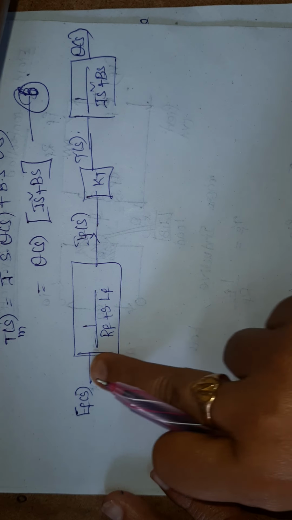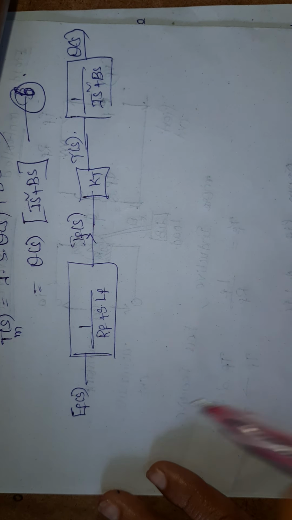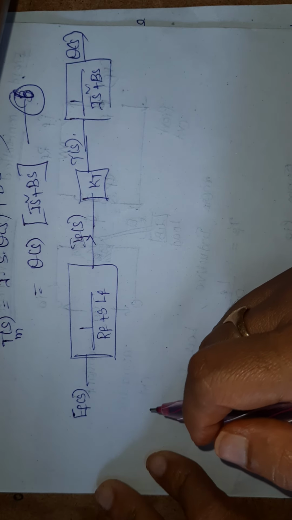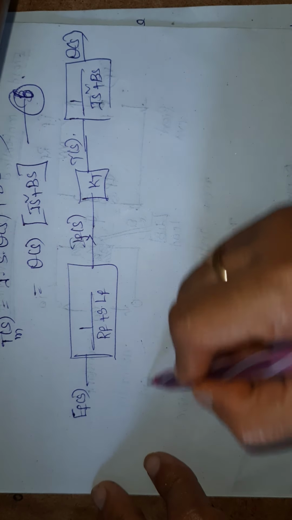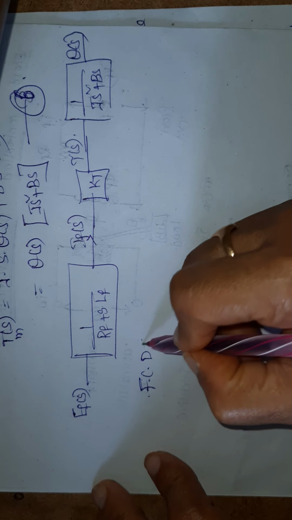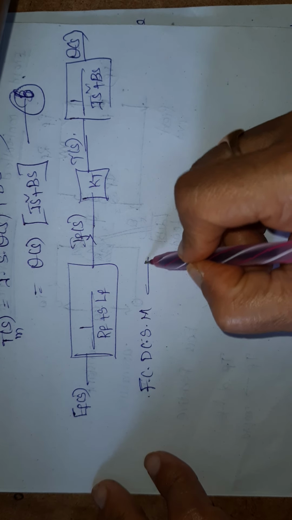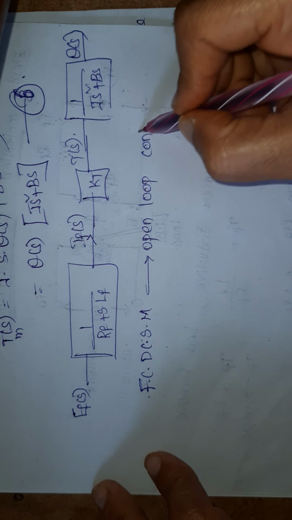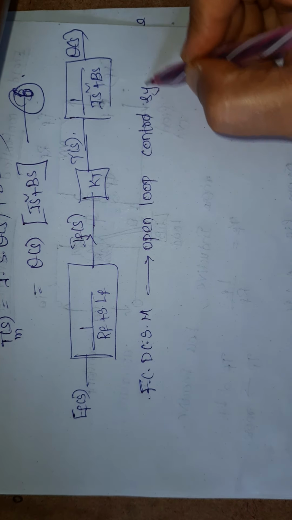There is no reverse path or feedback path. So I can say that the field controlled DC servo motor is an open loop control system.